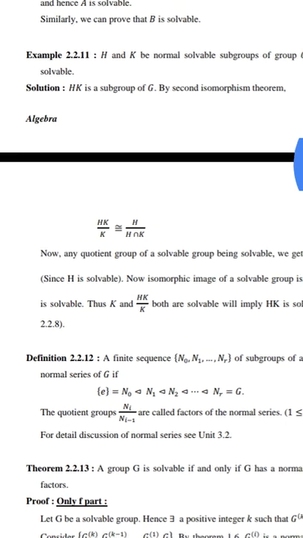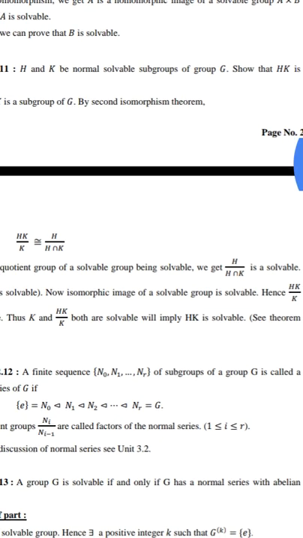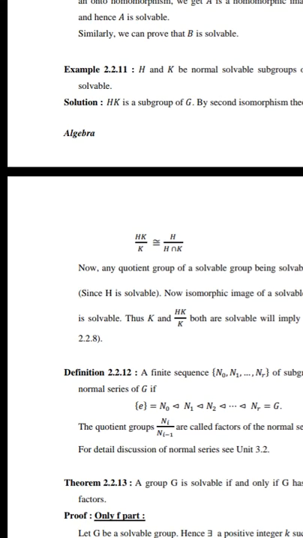Now in the next example: if H and K are normal soluble subgroups of group G, then show that HK is soluble. Proof: now see here.